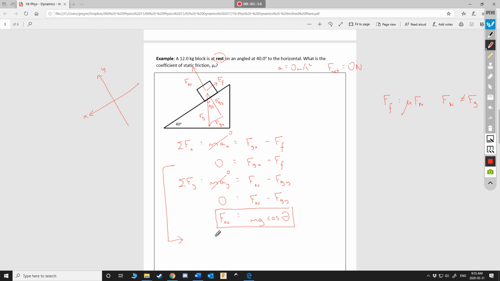Let's write that out. We have force of friction is equal to Fgx. All I did was move the force of friction over. And the force of friction is going to be mu multiplied by normal force, which we just found to be mg cos theta. Fgx is mg sine theta.